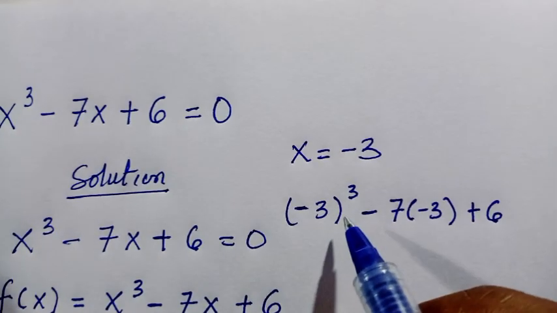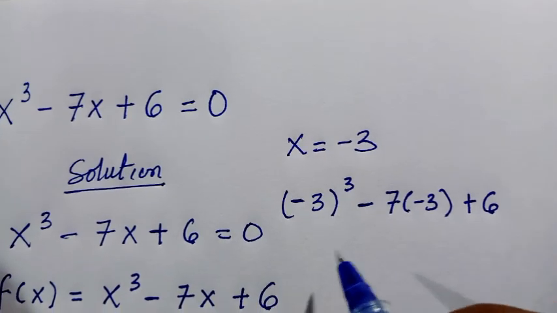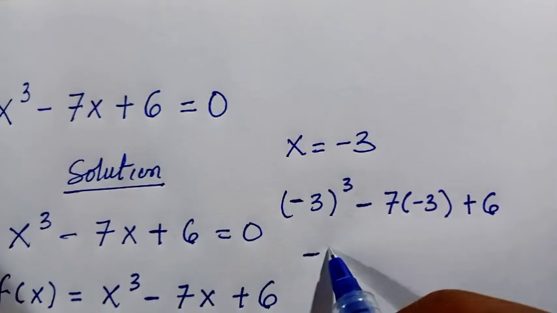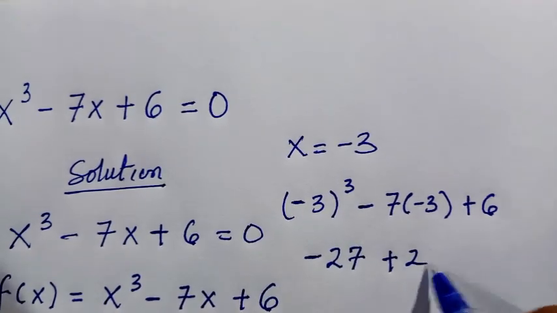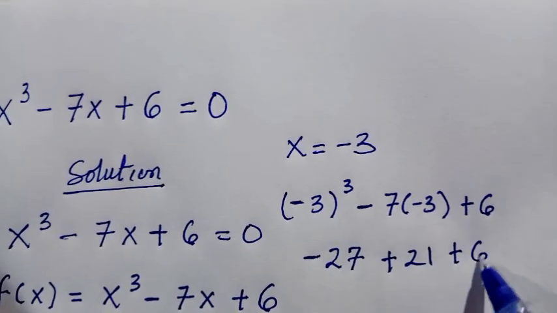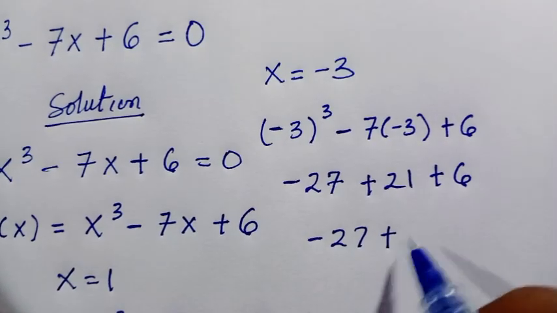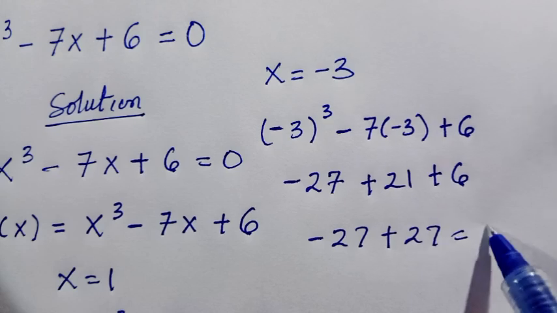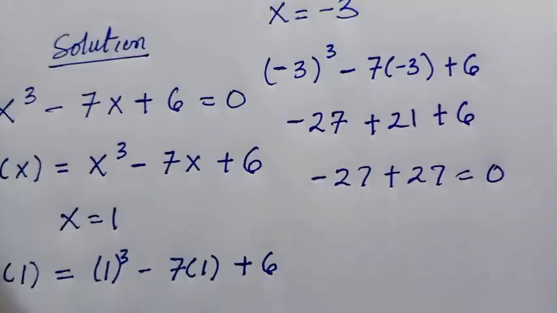A minus 3 raised to power 3, as the power is odd, remains negative. So minus 3 to the power 3 is minus 27, plus 21 plus 6. We have minus 27 plus 27, and this equals 0. So it shows that x equals minus 3 also satisfies this.